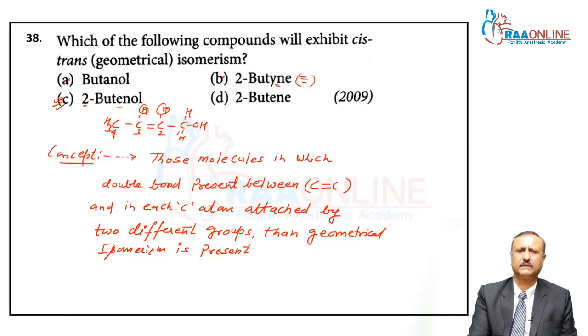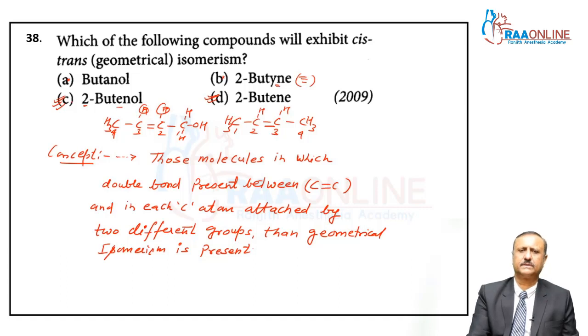So, the answer is C, and you can also see 2-butene, 1, 2, 3 and 4. Here the double bond is present on the second carbon atom, so there is CH3, H and CH3. It means geometrical isomerism is also shown in option D. So, you can get 2 options, 2-butenol and 2-butene.